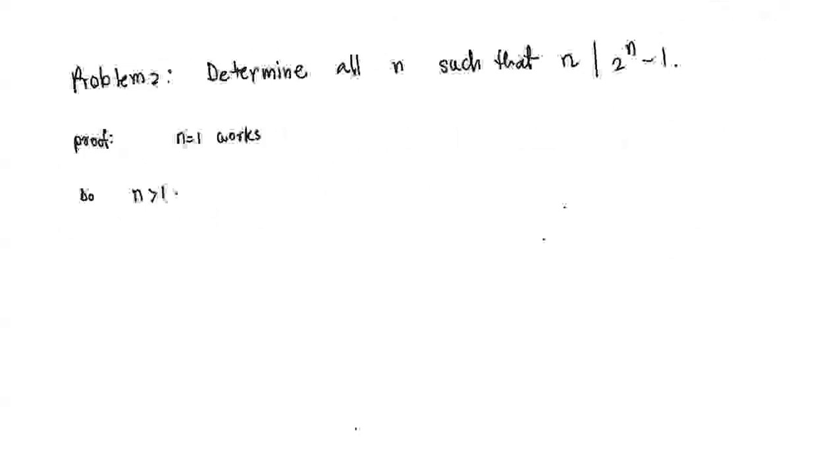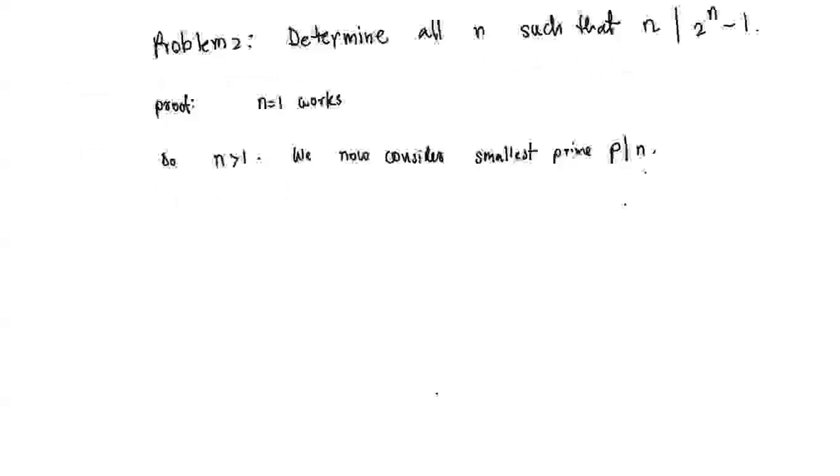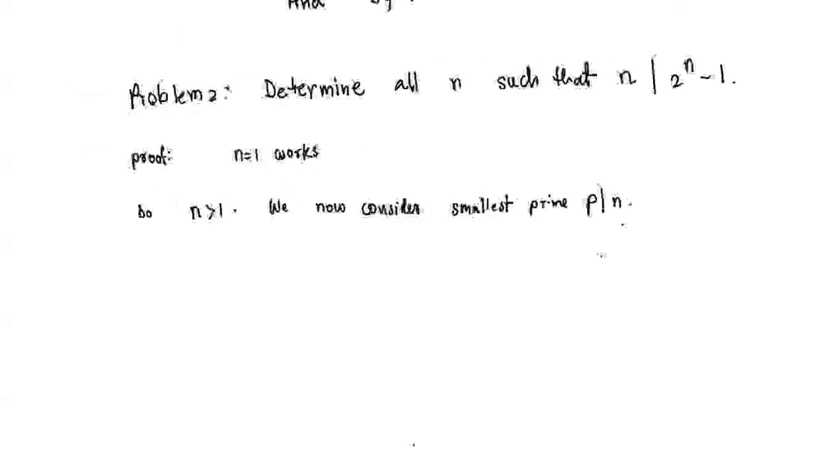We now consider the smallest prime p which divides n. n is odd clearly because n divides 2 to the power n minus 1, which is odd. So n is odd.